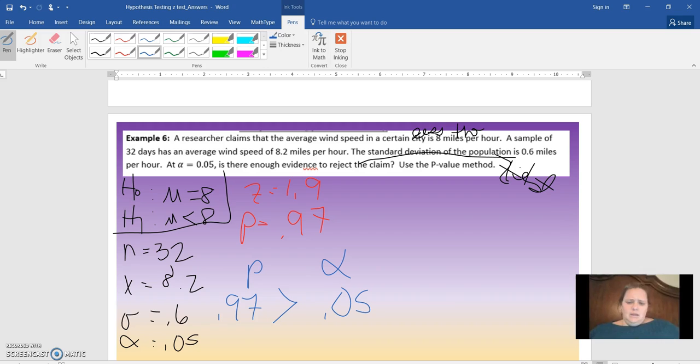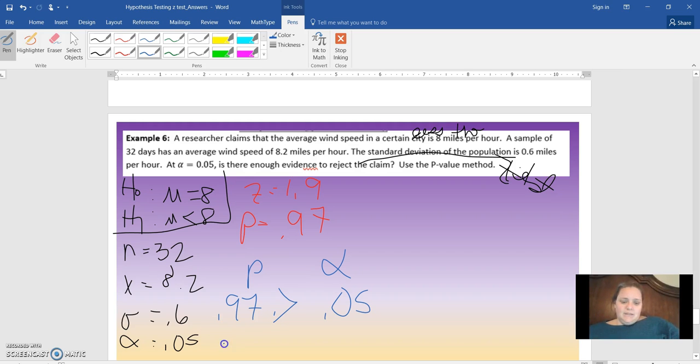Hang on one second, let me double check I typed everything in correctly. 8, 8.2, 32, less than. Okay, yeah, so when it's less than, we reject the null.